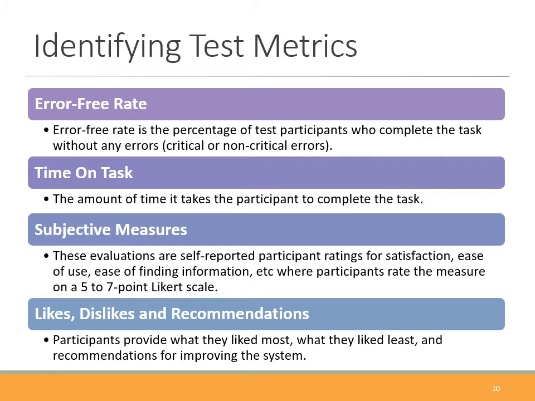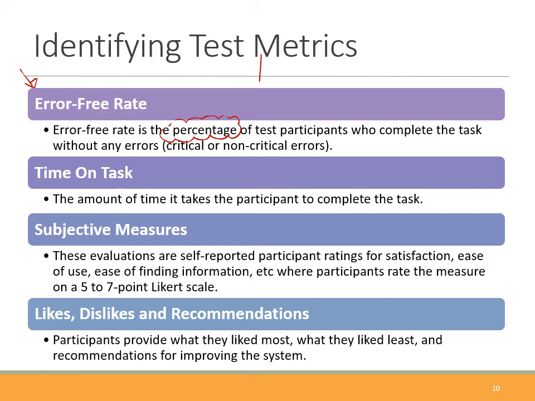Other sets of test metrics are given as examples here. First one is error-free rate. This error-free rate means the percentage of test participants that perform no errors at all. So if you want to claim that your system is very easy to use and very easy to understand and find the right menu for performing certain tasks, maybe you should target the error-free rate as well.